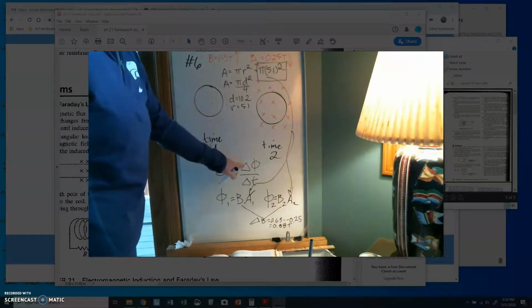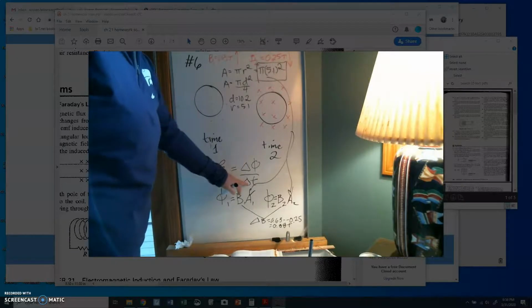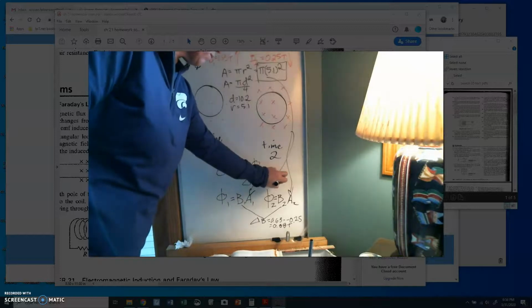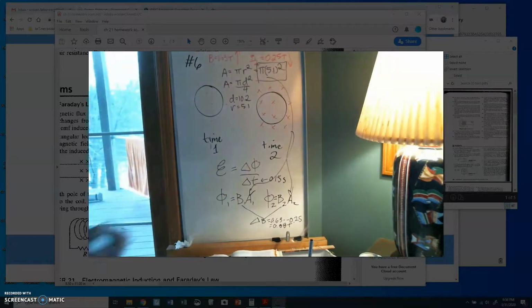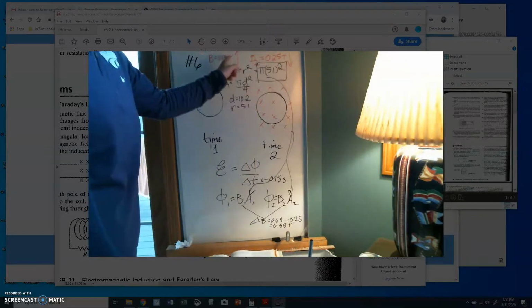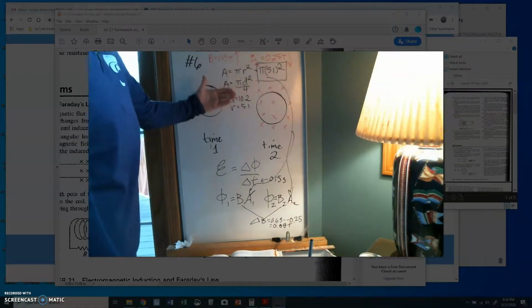And so delta phi over delta t, which I think your delta t is 0.15 seconds. So you can see how that field is changing. My B is changing from upward to downward. My area is staying the same. It's oriented perpendicular to it.